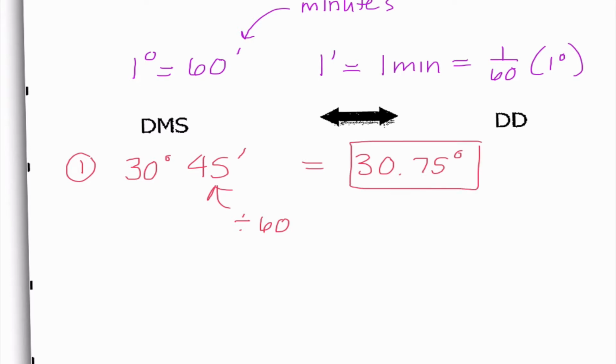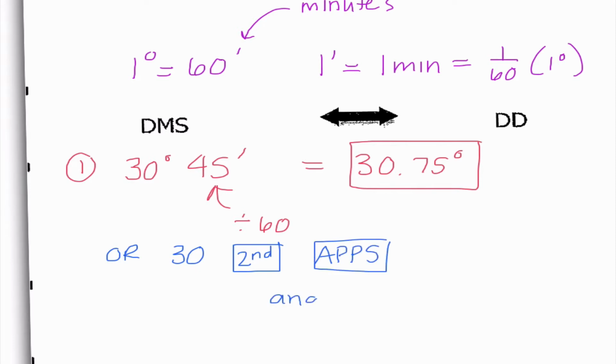Not that tough, but I do want you to know that there is another way we could do it. If you have your calculator, you could press 30, and then press second, apps, which gives us the key that says angle. In the angle menu, number 1 is the degree symbol.